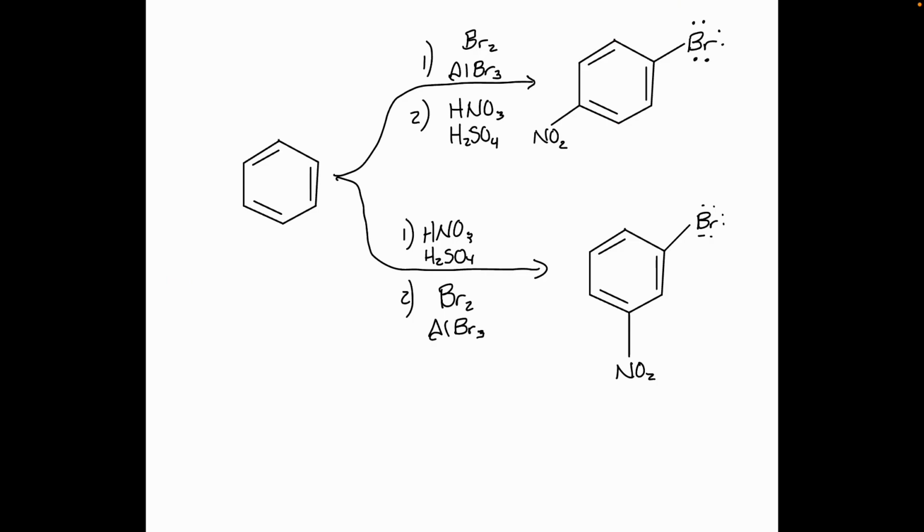So we're going to start mixing and matching these reactions to create di-substituted rings. And what we're going to find is the order in which we do these reactions will have an impact on what our product is.